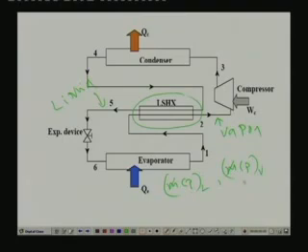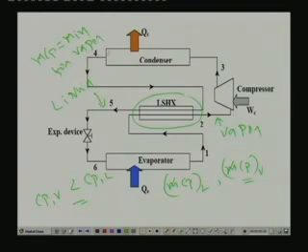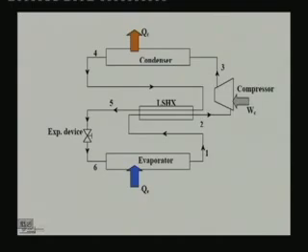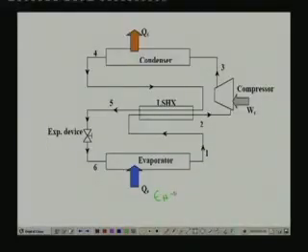So, the vapor has the minimum MCP, because Cp of vapor is always lower than Cp of liquid. If this is minimum for vapor, we can define heat exchanger effectiveness as MCP minimum into delta T actual.